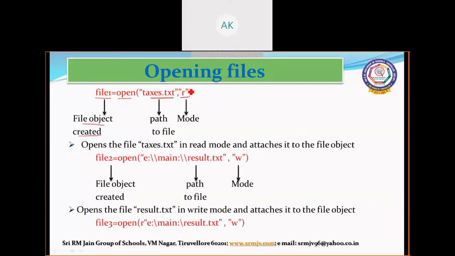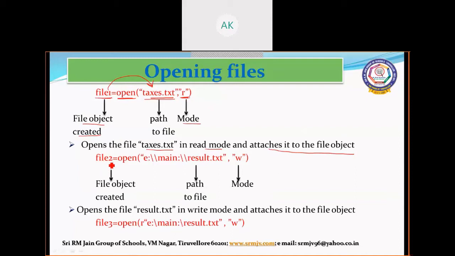So the operation that you are going to do in the file taxes.txt is given as the second parameter, which we call the mode. It opens the file taxes.txt in read mode and attaches it to the file object. So once the open function is given, this file object, or we can call it a file handle, will be associated with the file for reading operations.